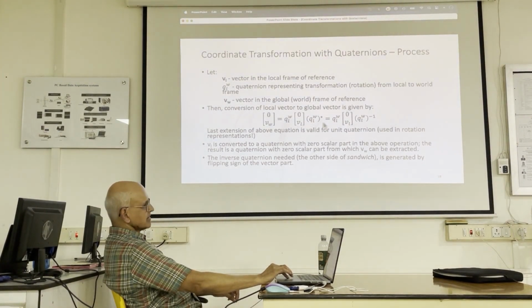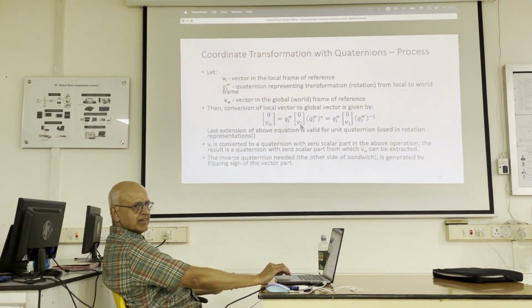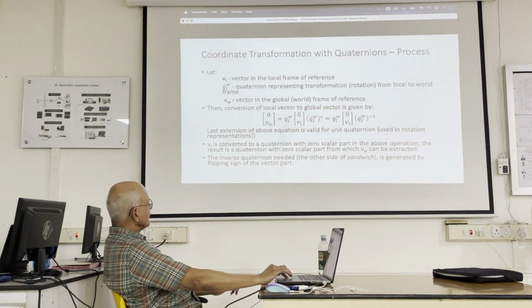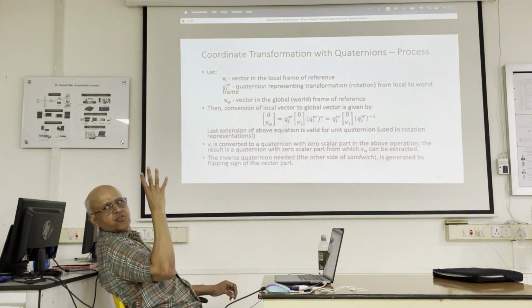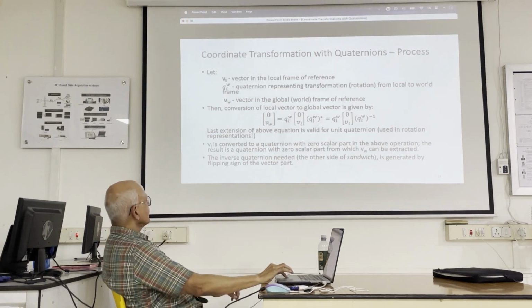Then look at this. If you create this sandwich, you want to transform from the local frame to the world frame. So you take the vector and make a quaternion of it. How? Because a vector is only 3 numbers, but a quaternion is 4. So this is how we do it.